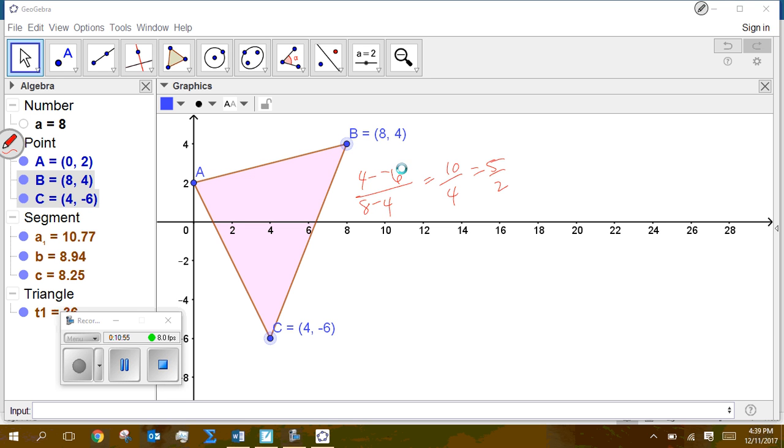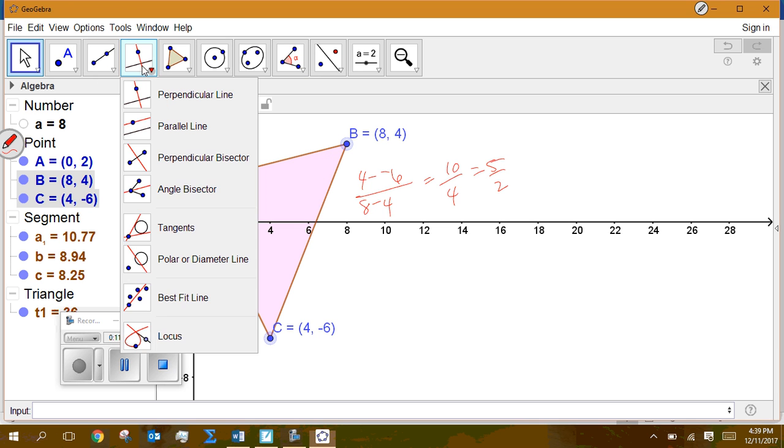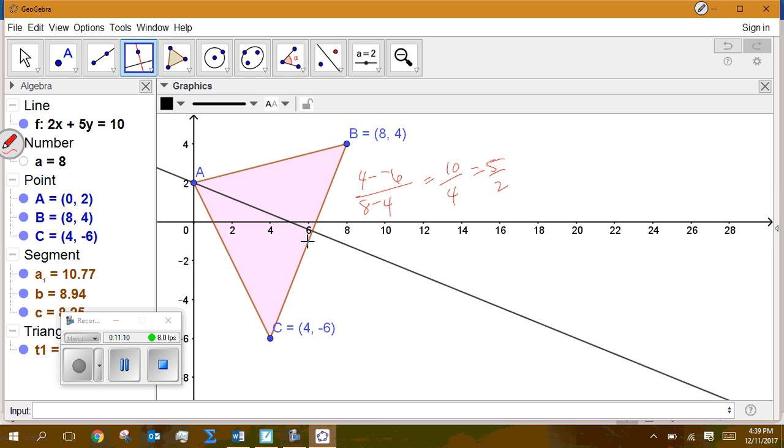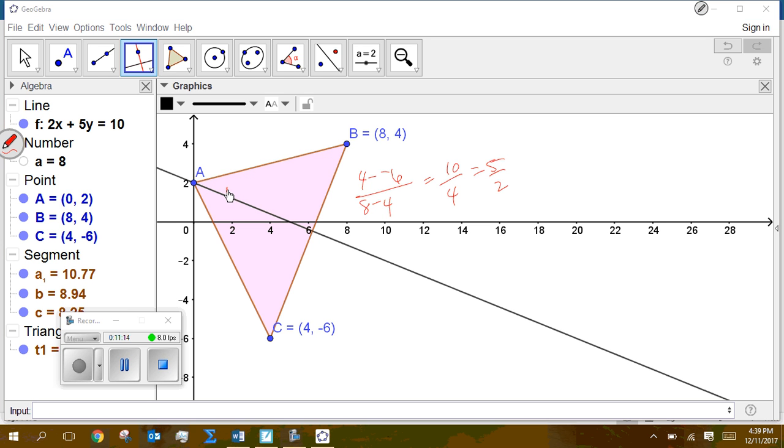Anything perpendicular to BC is going to be the opposite sign reciprocal. So when I want to find this line from A perpendicular over here to BC, that slope should be -2/5.